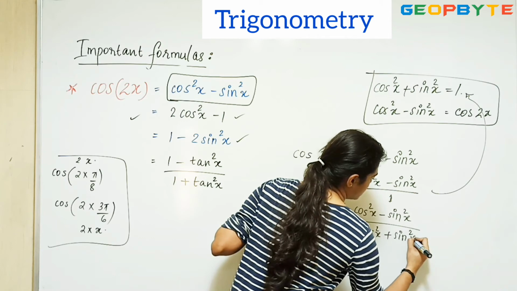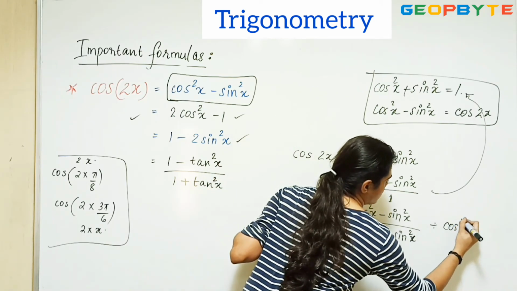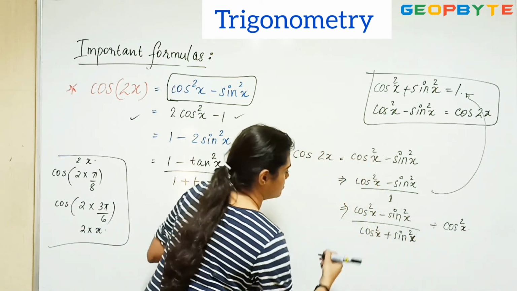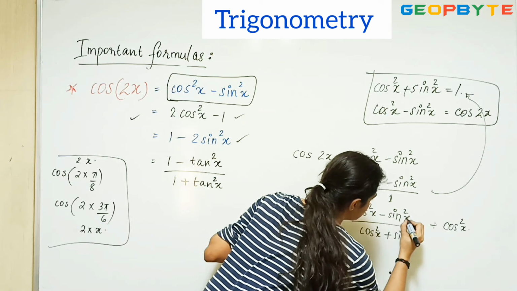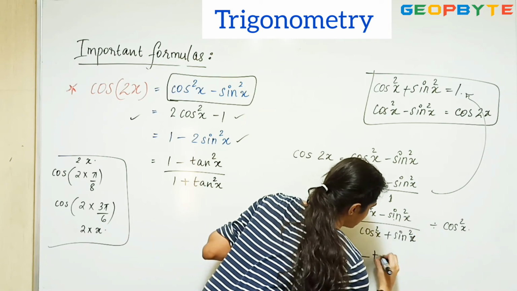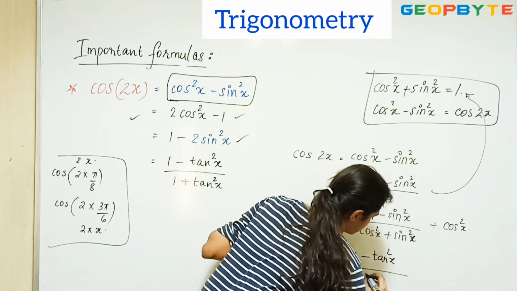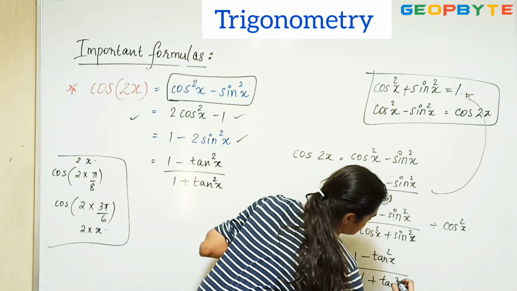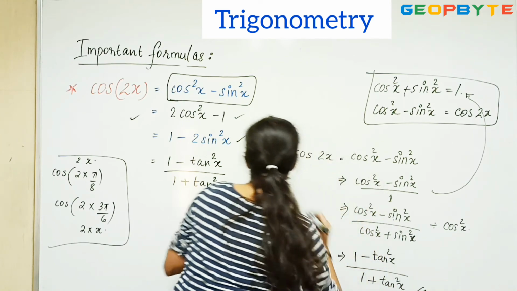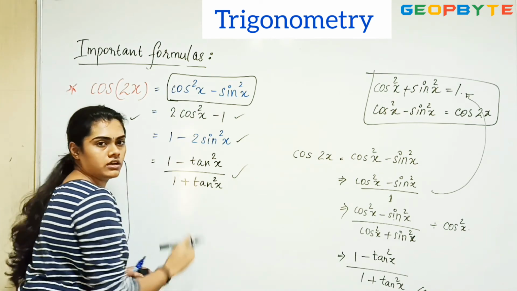It doesn't make any difference, right? Now divide the whole thing by cos square x. Divide each term. That won't make any difference. It will be 1 minus sin square x by cos square x, which is tan square x, divided by cos square x by cos square x, which is 1, plus tan square x. So you got the third formula. So if you know the first formula, you can get the other 3 formulas.